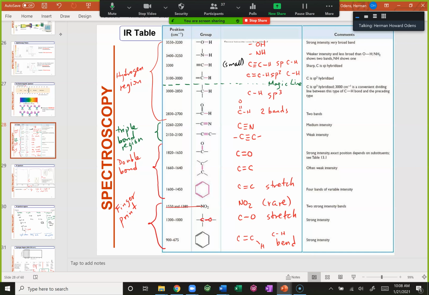We're not gonna care too much about the nitro group, it's rare. And so we care about the CO stretch and the CH bend. All right. So here are the four regions: nitrogen, hydrogen region, triple bond region, double bond, fingerprint. Thank you. You're welcome. So let me save that.